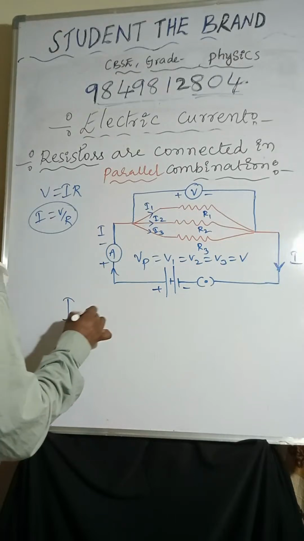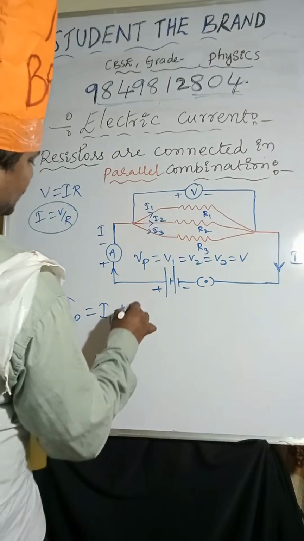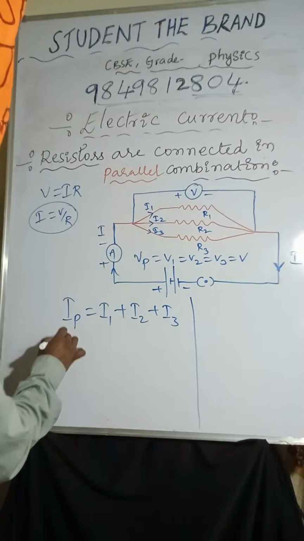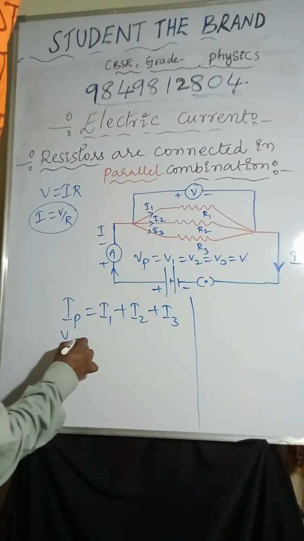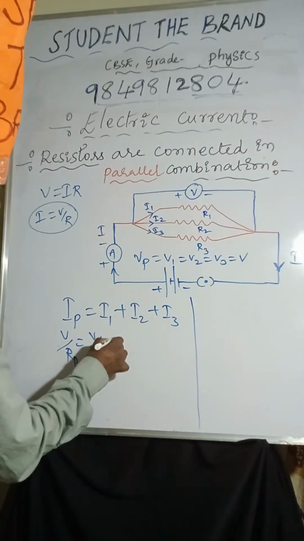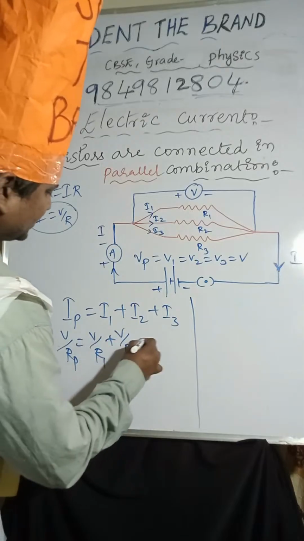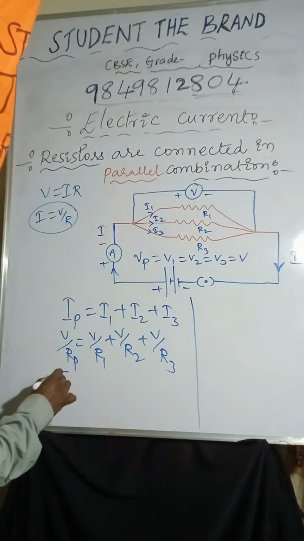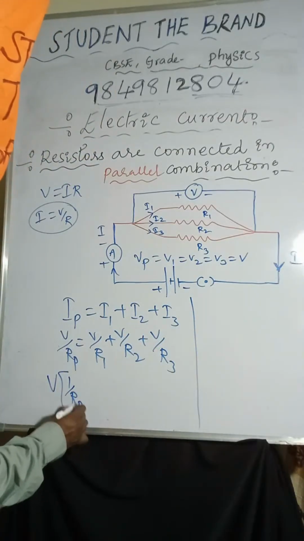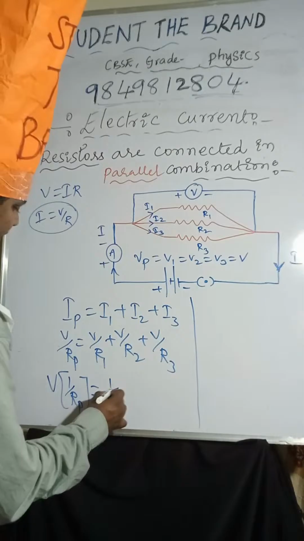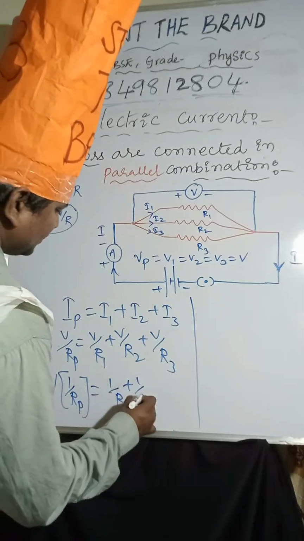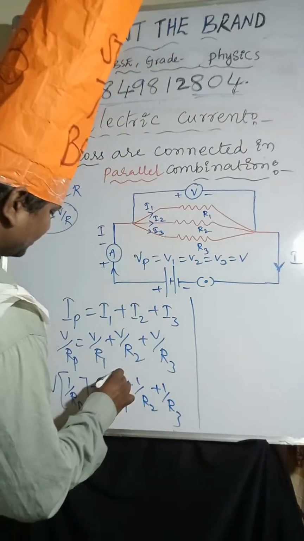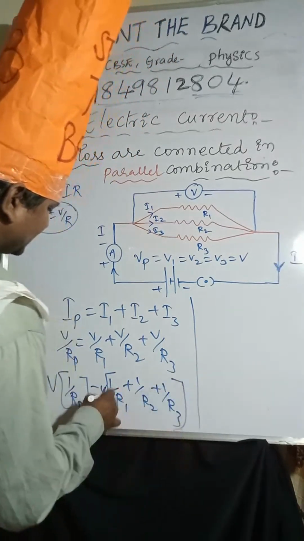Ip equal to I1 plus I2 plus I3. So V by Rp equal to V by R1 plus V by R2 plus V by R3. Taking V common, V will get cancelled.